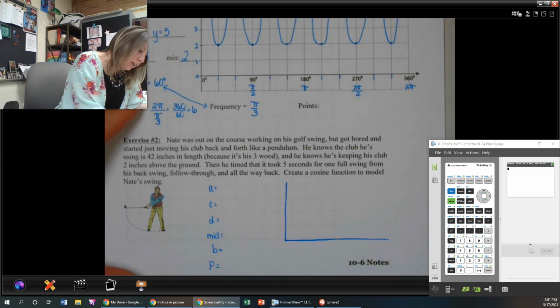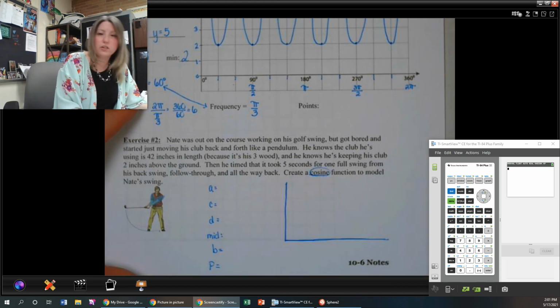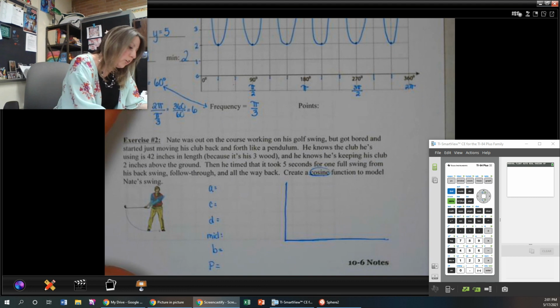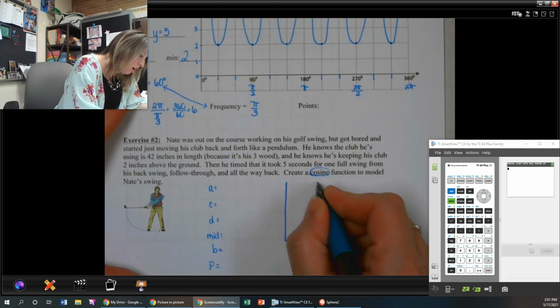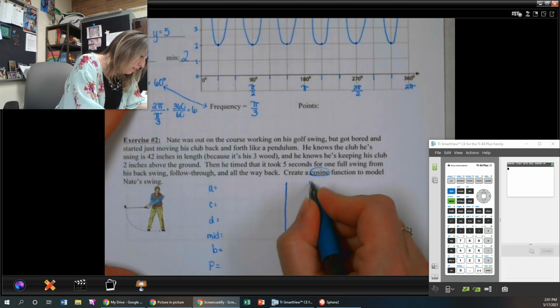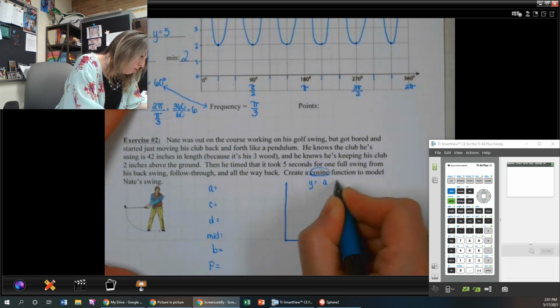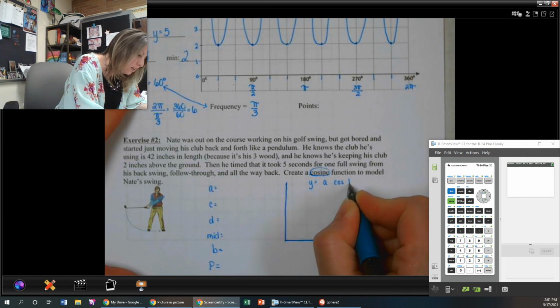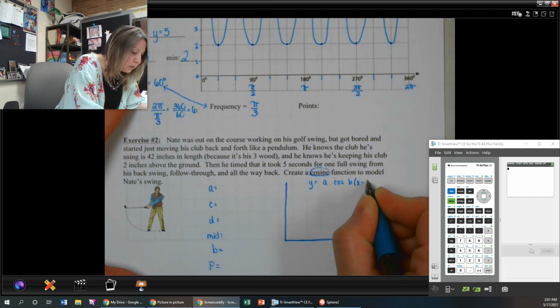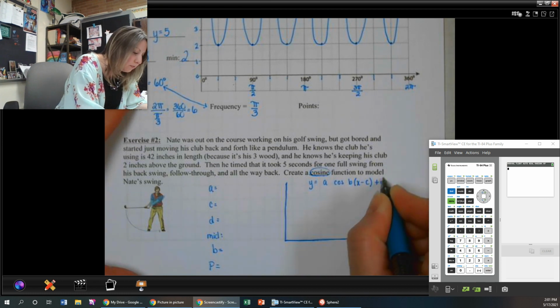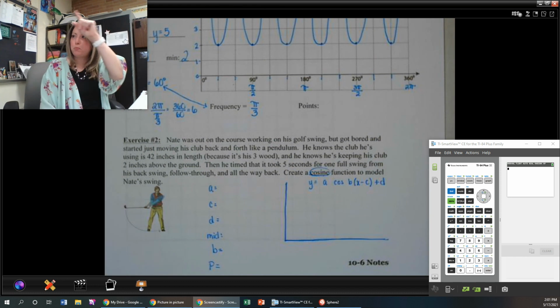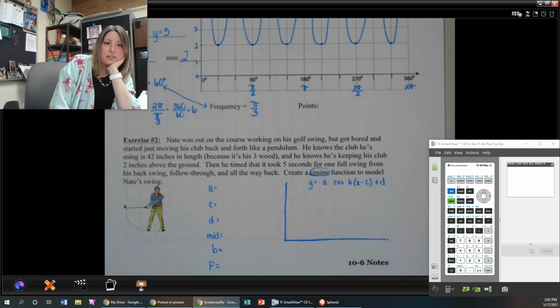So what are we creating? A cosine function. So that gives us an idea as to how we're looking for this, right? So y is going to equal a cosine b times x minus c plus d. And so we'll get all those pieces on the insides here.